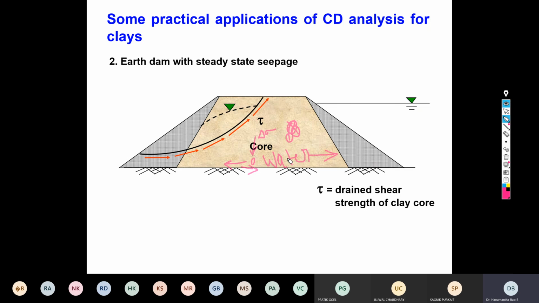But when delta sigma is so high, the particles are no longer able to bear the load, and therefore they will disrupt in the lateral direction, and that causes failure by the pore pressure. This is the exact meaning of failure by pore pressure. Is it clear? Yes, sir.